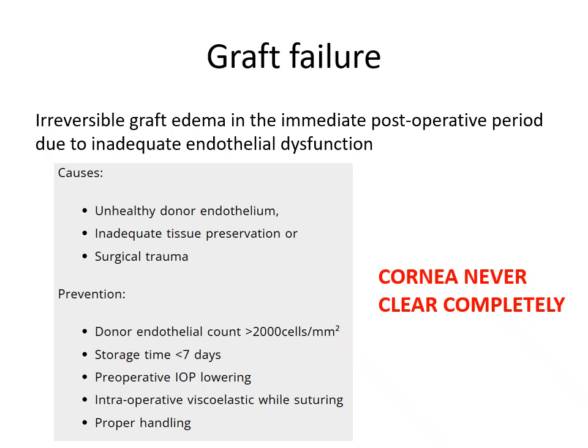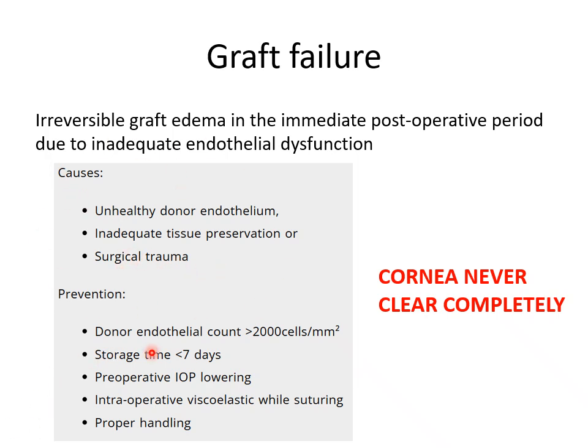Lastly, we come to graft failure. So the difference between graft rejection and graft failure is important. Graft failure is defined as irreversible graft edema in the immediate postoperative period due to inadequate endothelial function. So in this case, the cornea never completely clears, right? It has been hazy from the start. Causes: unhealthy donor cornea, inadequate tissue preservation, and surgical trauma.